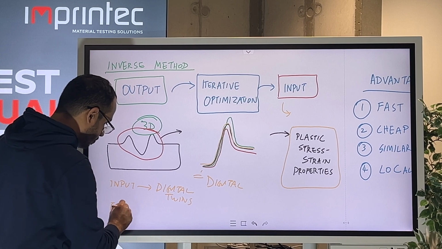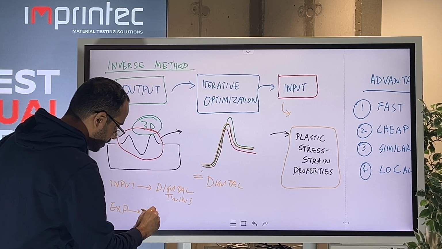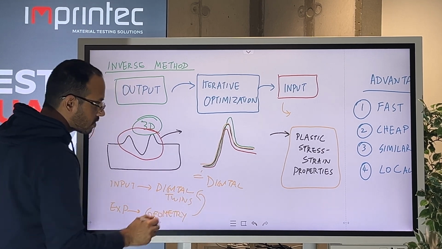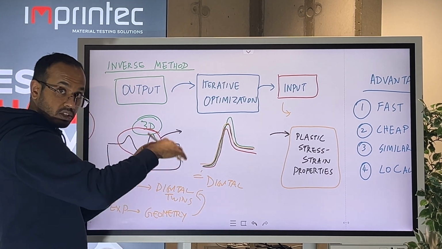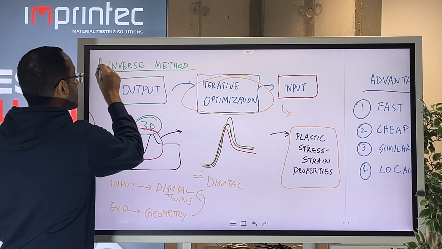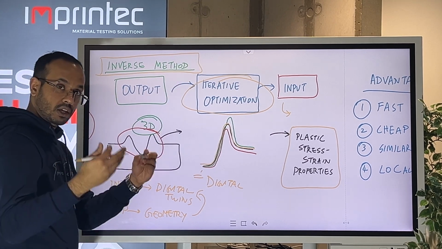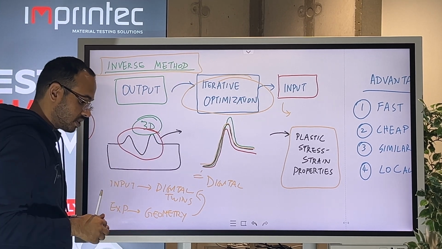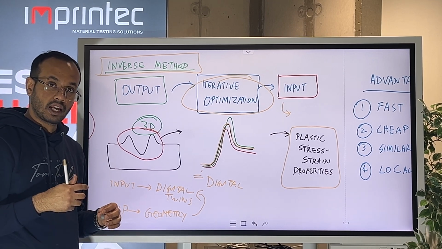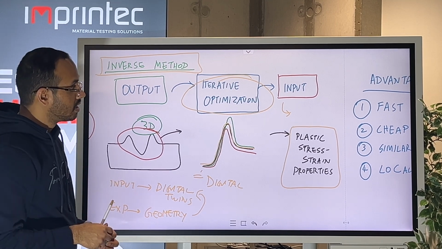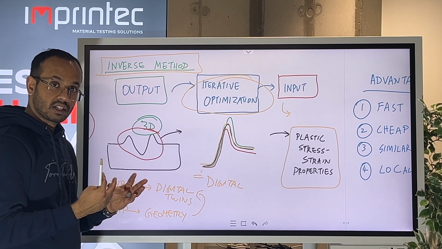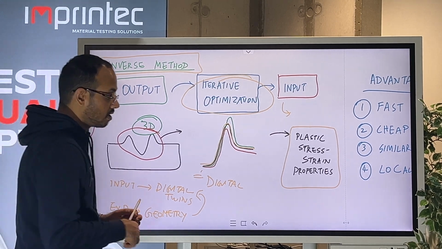Now, from the experiment, we are getting the geometry and checking which digital twin matches. We are looking at different digital twins which match this using the iterative procedure. This is called the inverse method. This is the core of our algorithm, which is based on mathematical optimization and AI-based optimization as well. Together they are able to provide these results really fast and really accurately.